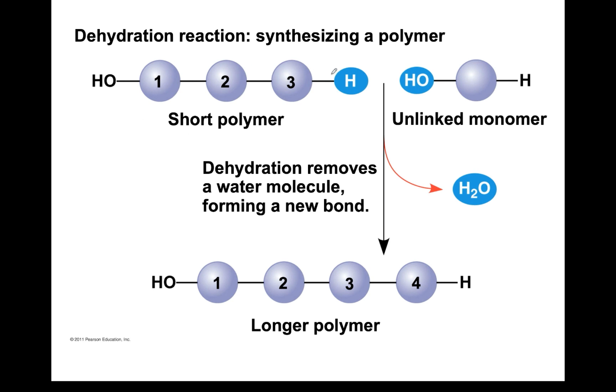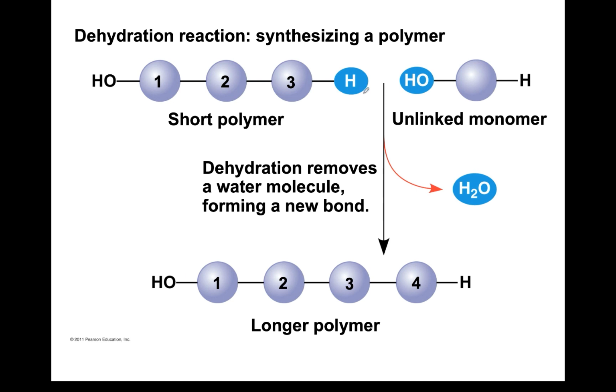The left side is already showing a very short polymer because three monomers link together. So this is a short polymer. And when this short polymer binds with another monomer, this is only a single monomer, then the hydrogen ion from the short polymer and the hydroxyl ion from the unlinked monomer can join to form water.